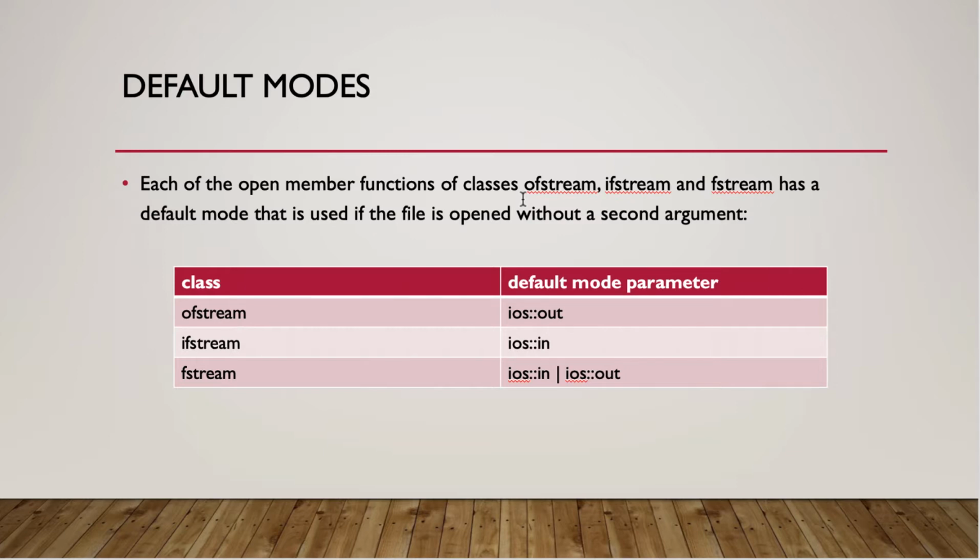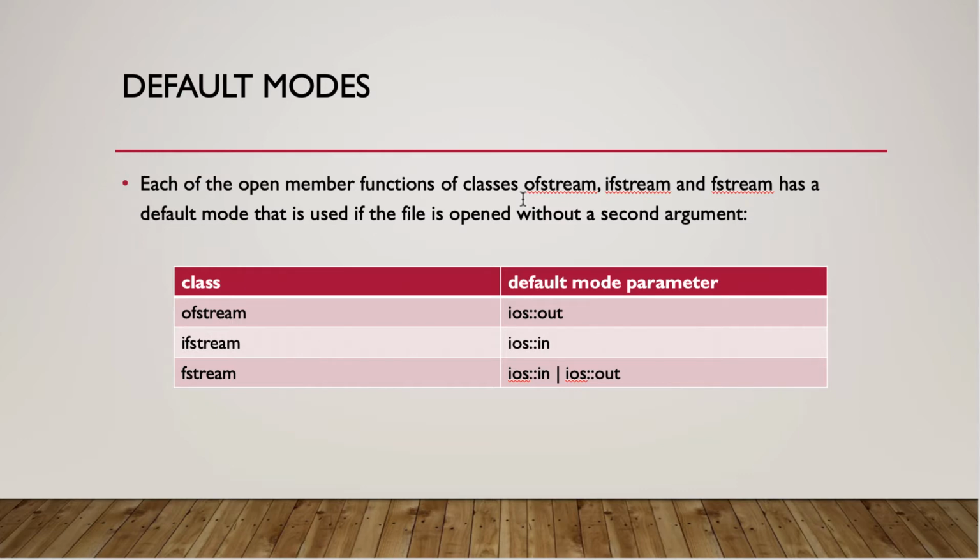For ifstream and ofstream classes, ios::in and ios::out are automatically and respectively assumed, even if a mode that does not include them is passed as second argument to the open member function. The flags are combined. For fstream, the default value is only applied if the function is called without specifying any value for the mode parameter.